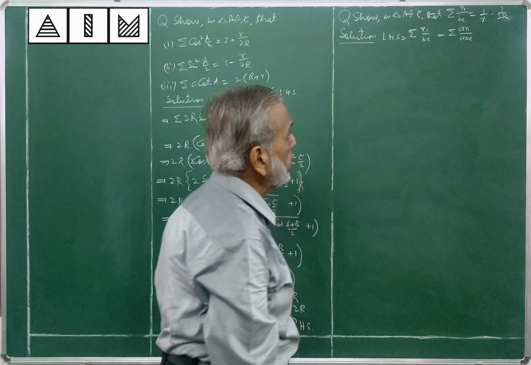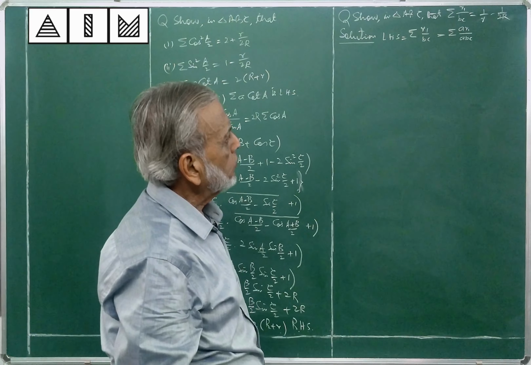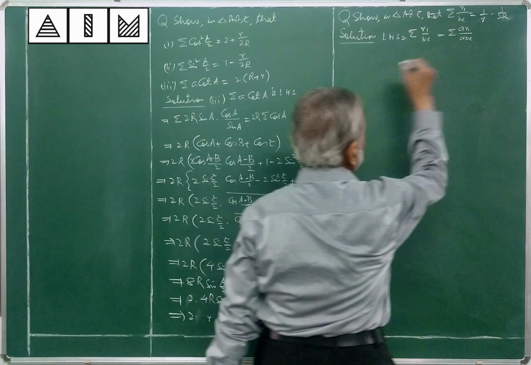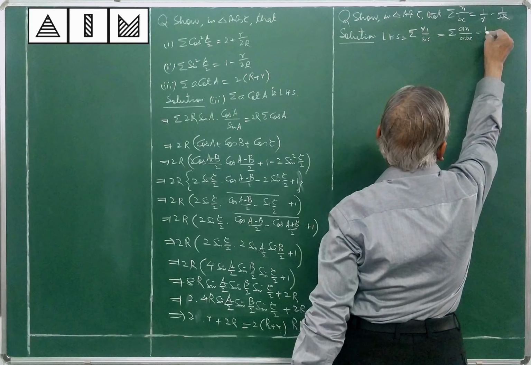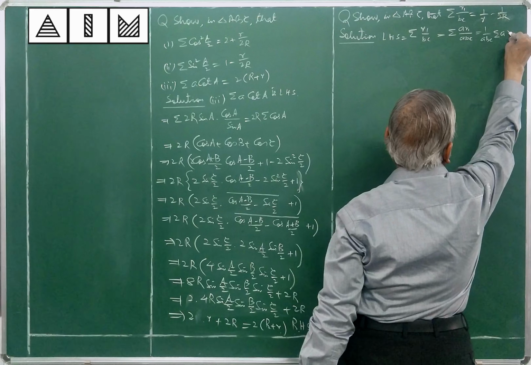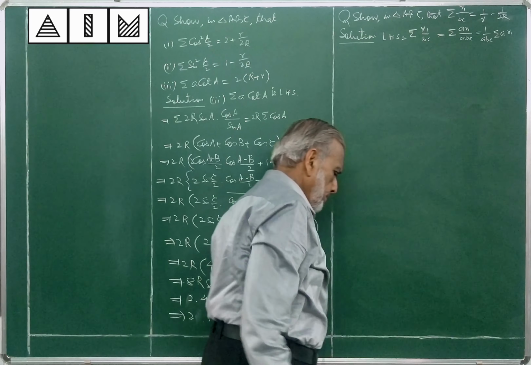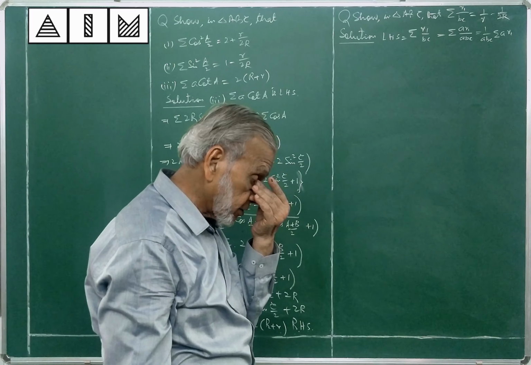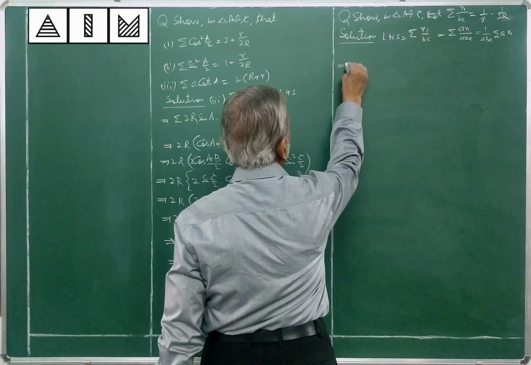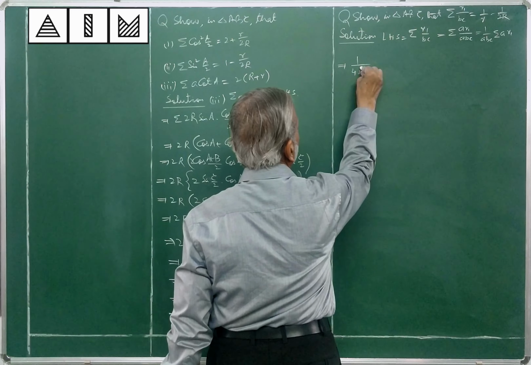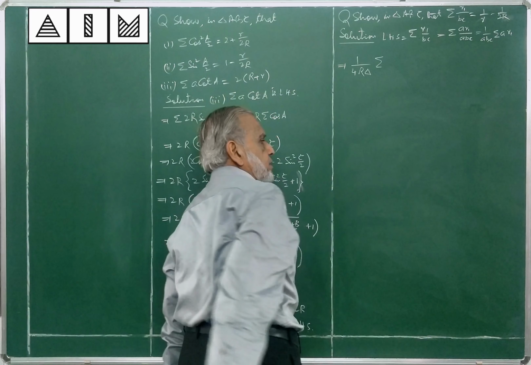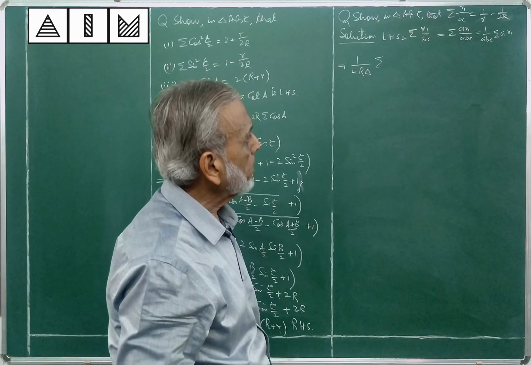Multiplying and dividing by a, a r1 by abc. abc comes in all the denominators, all the three denominators, so abc is removed. We have a formula, abc is equal to 4R delta.